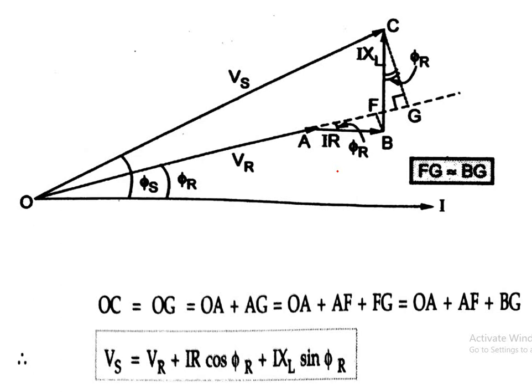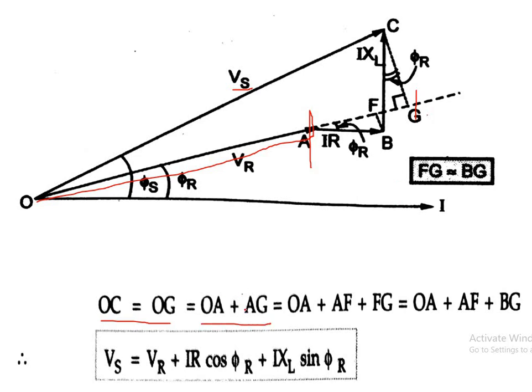Here I can now define Vs, that is OC, equal to OZ. The value of OC is the same as the value of OZ. So OC equals OZ, which I can write as OA plus AZ.